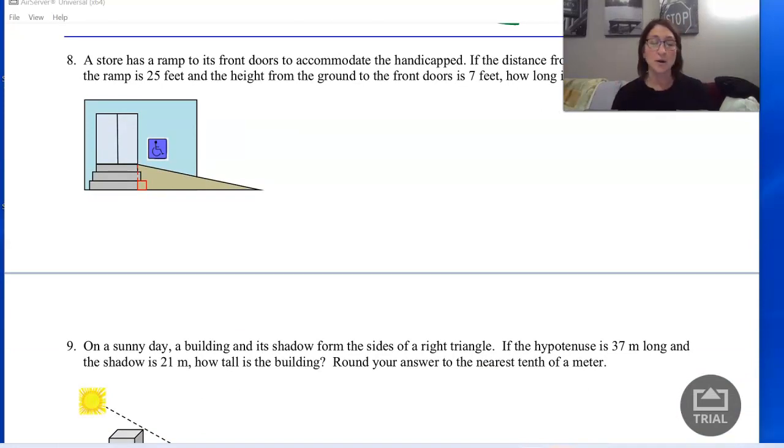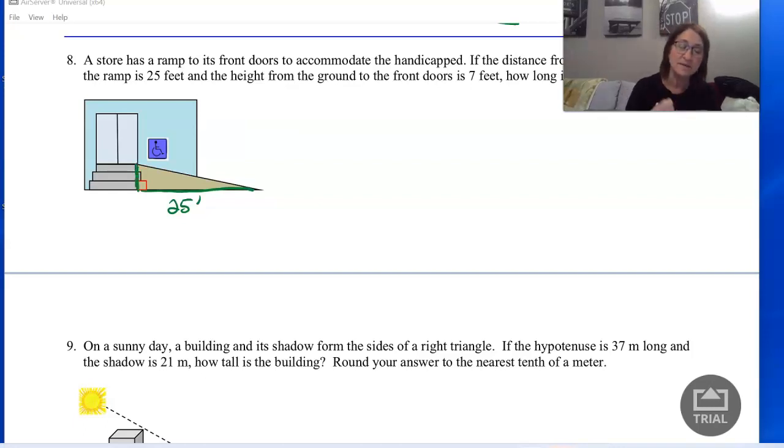All right. So let's see what this looks like in just a regular story problem. We've got a store that has a ramp to its front door to accommodate the handicapped. If the distance from the door to the end of the ramp is 25 feet, so we're talking about this base, that's 25 feet. And the height from the ground to the front door is 7 feet.